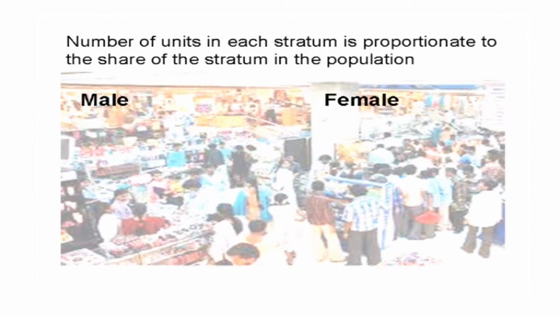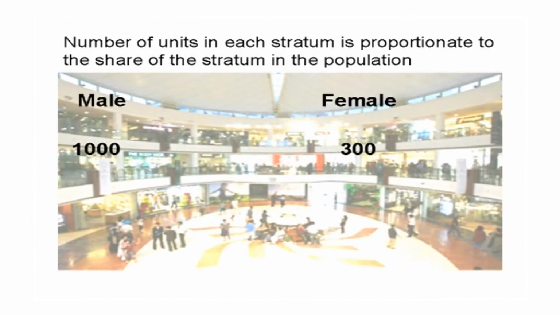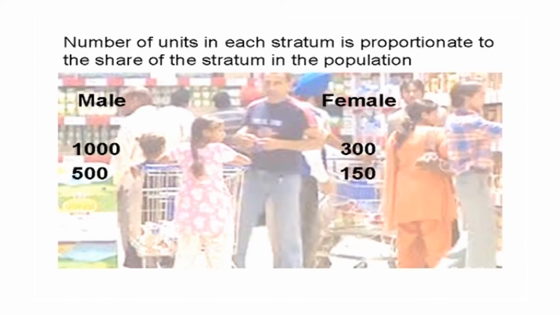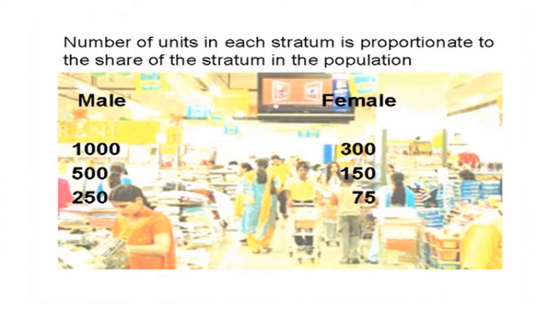If this situation consists of 1000 males and 300 females, the study should include 500 males and 150 females, or if the researcher wants to make it a little smaller, then it could be 250 males and 75 females, which is proportionate to its total population.